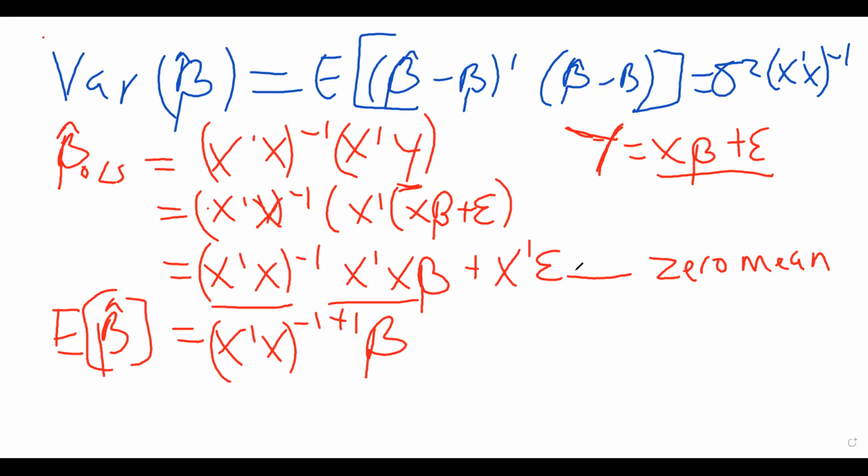We already know from the zero mean assumption that the error term, the epsilon, is IID, normally distributed with a zero mean and a constant variance. Of course, this is a constant variance here.